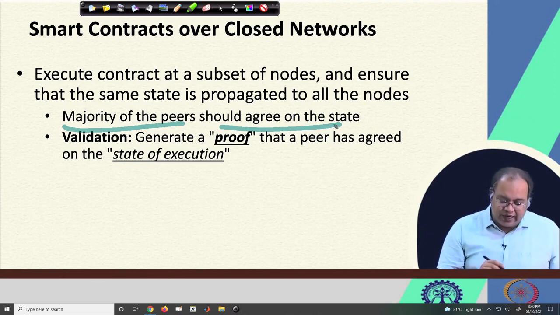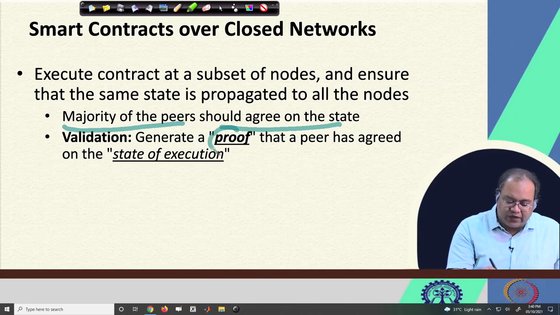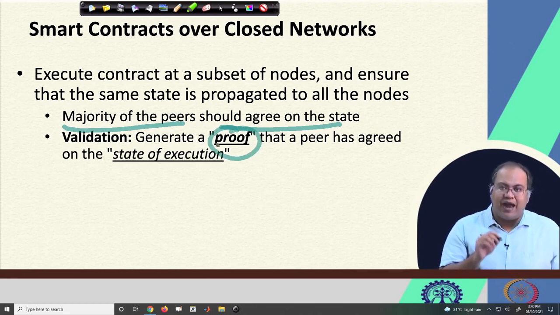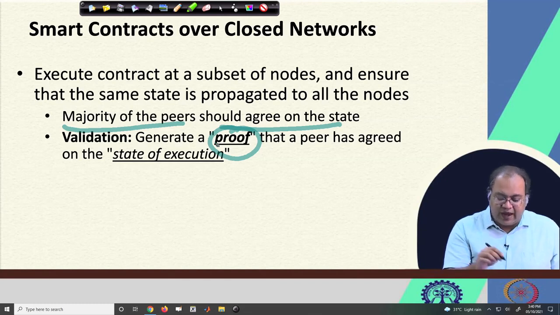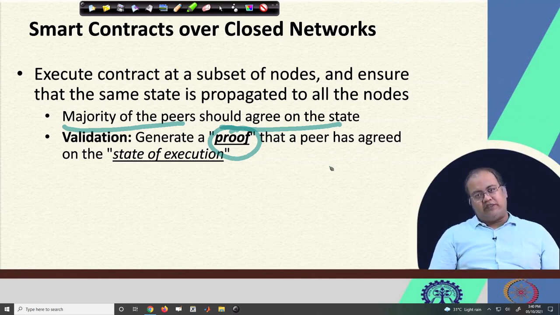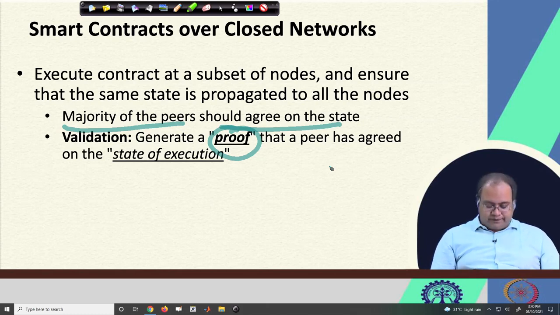I need to generate a proof that says I have attested or signed this particular message and I am taking part in this agreement protocol. This proof ensures that a peer has agreed on the state of execution for this blockchain. So, this is the particular requirement from the smart contract side.